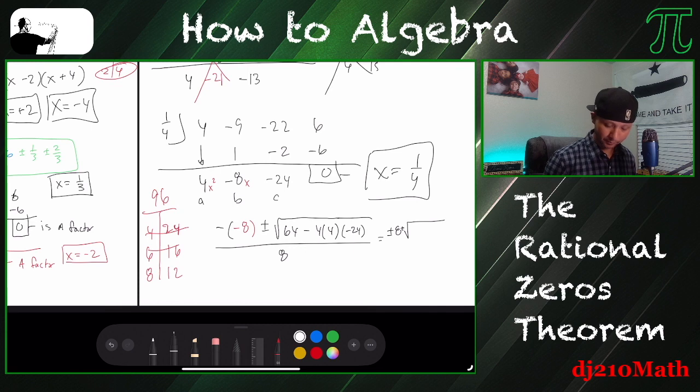Times 4. 4, 8, 12, 16. So 400 minus 16 is going to be 384. I feel like it's 384. So 64 minus, well, negative and negative is a positive, 384. All over 8.